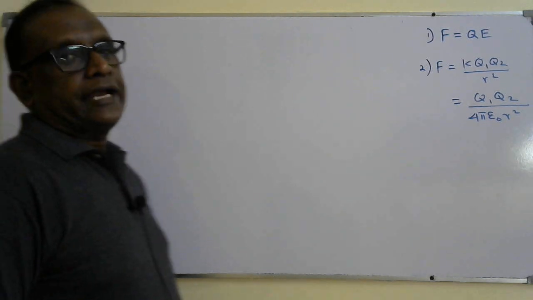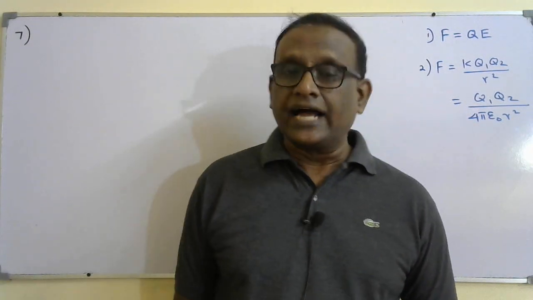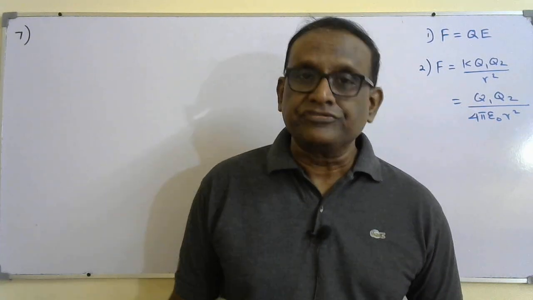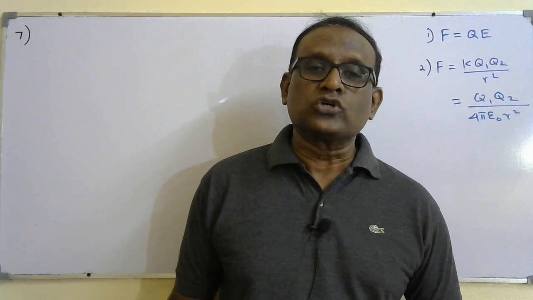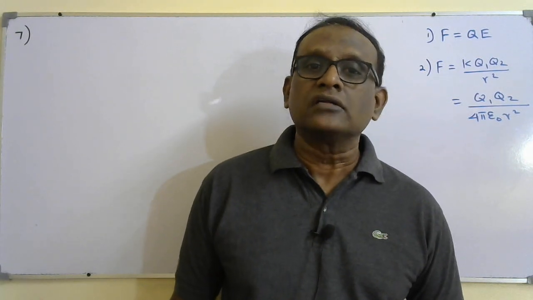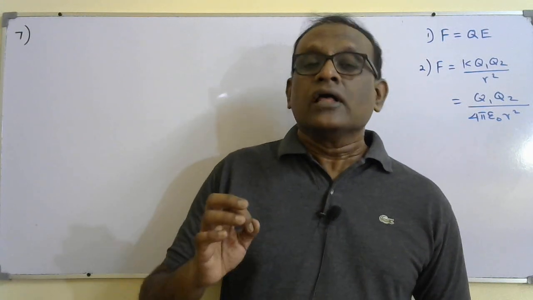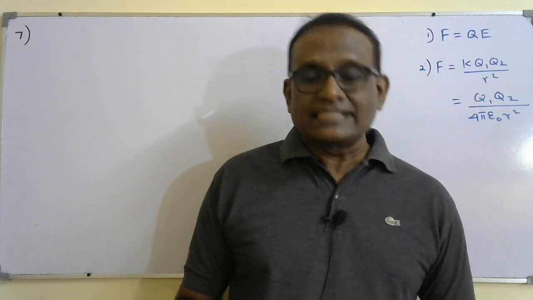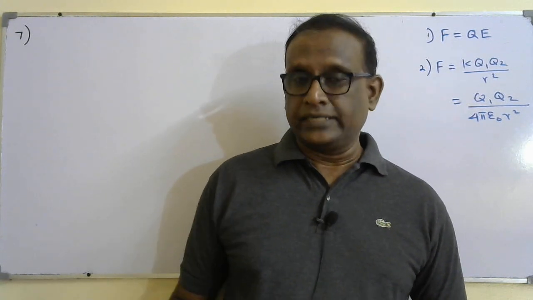Okay, so the next point you must know is the electric field lines. What does an electric field line indicate? The electric field line indicates the direction of the resultant electrostatic force acting on a positive test charge kept at that point, or the electric field line indicates the direction of the acceleration of a positive test charge kept at that point.